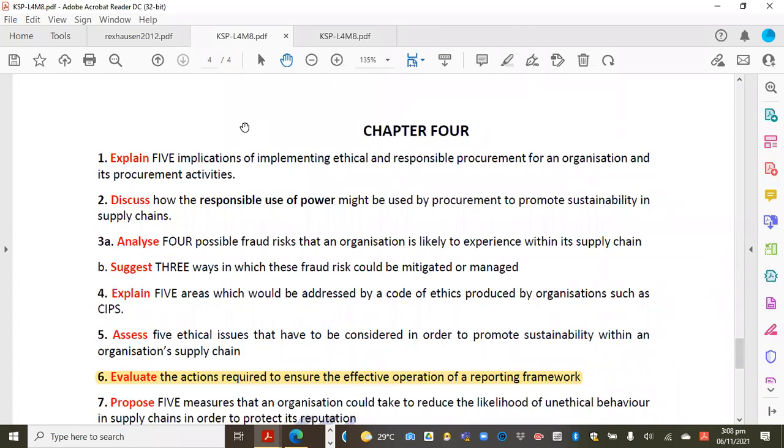Then when we talk of online fraud, we can mitigate and manage this risk by using experts who are well versed in online fraud to manage online transactions.